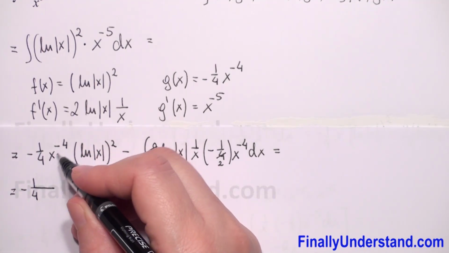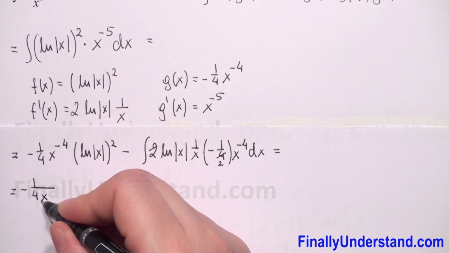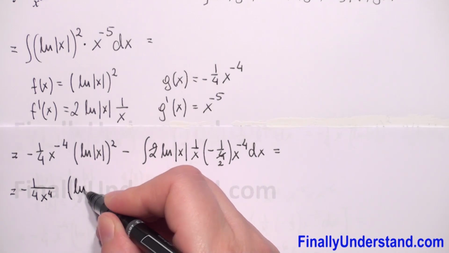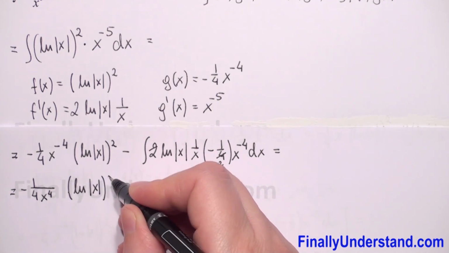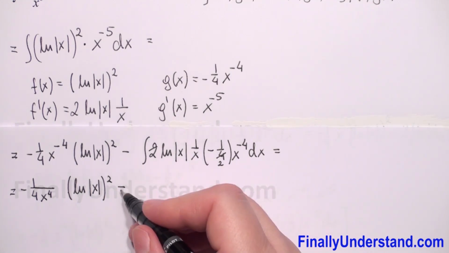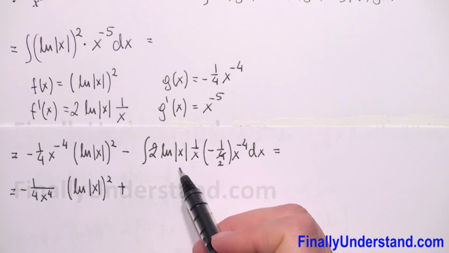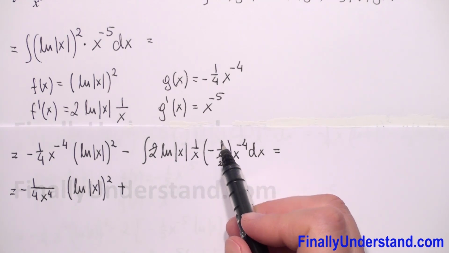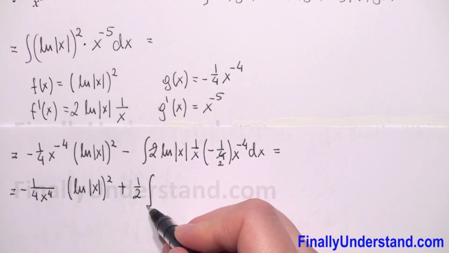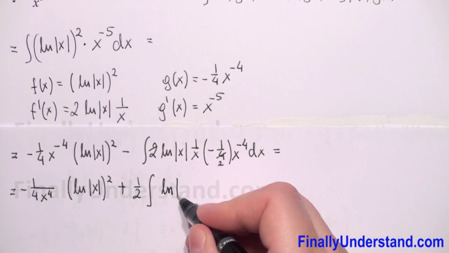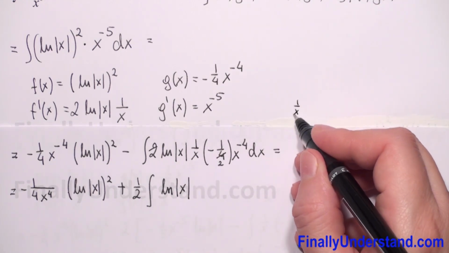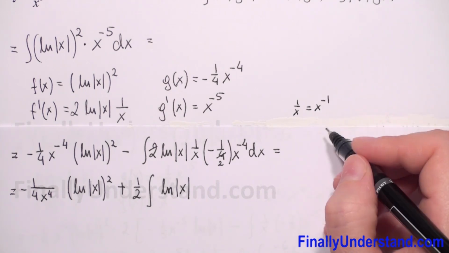We have x to the power negative 4, so we can put this in the numerator, times the square of the natural logarithm of the absolute value of x, minus negative times negative gives us positive, and we have here constant 1 over 2 times the integral of the natural logarithm of the absolute value of x, and we have here 1 over x. 1 over x is equal to x to the negative 1 power.